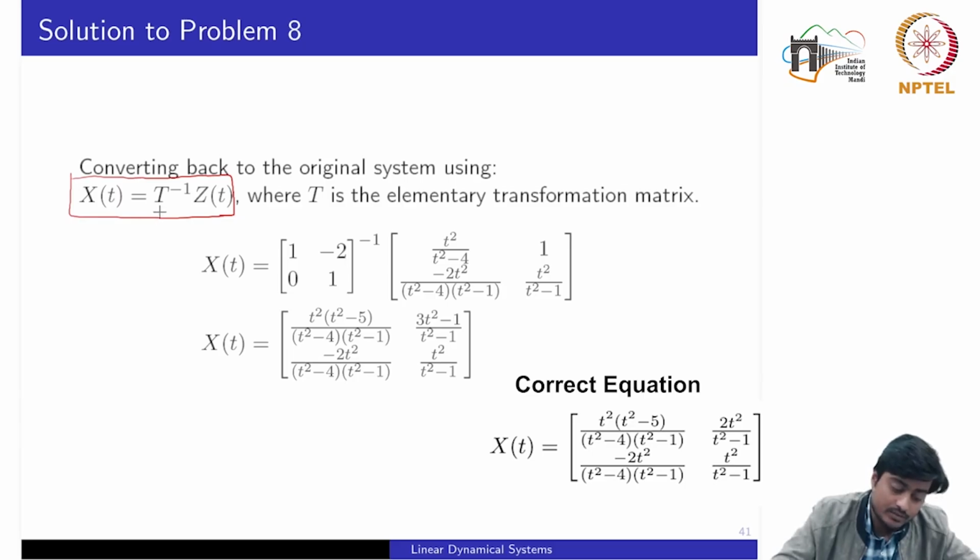And this transformation matrix we have obtained from the elementary row operations we performed initially. So using this T inverse and capital Z, we obtain the fundamental matrix for the original state variables. Now using this matrix, we can compute the state transition matrix and finally the time domain solution.